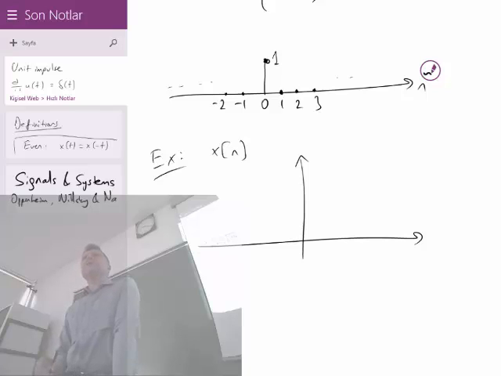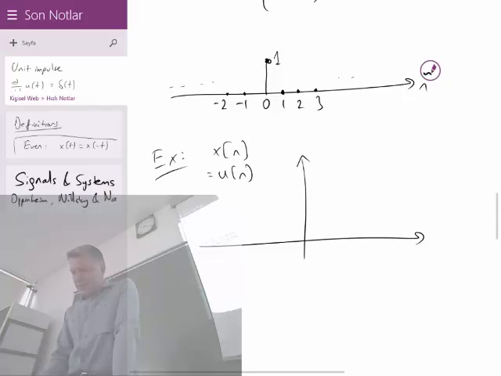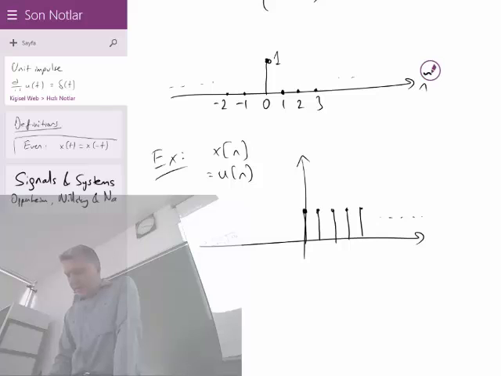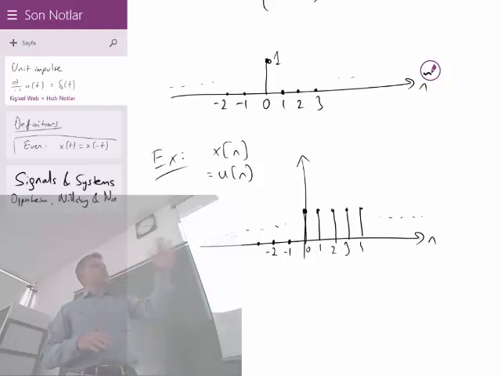Can we think of the unit step function, for example? x of n is equal to u of n. The unit step function is as follows. It is 1, and then 1, and then 1, and then 1. And it goes on like this. And it is all zeros for the negative integers. So for minus 1, minus 2, etc., it's all zeros. At 0, 1, 2, 3, 4, for all n positive, it's all ones.